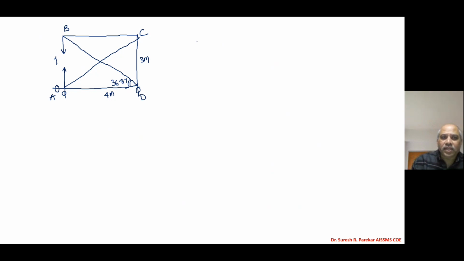Now we will consider joint B. So we are with joint B. This is 1. And we are interested to find force in this member, which is FBD. Now this angle we have 36.87 and this is FBC. So we have summation Fy equal to 0.